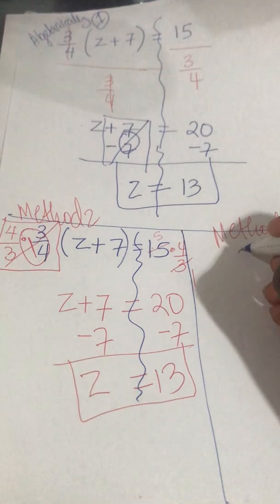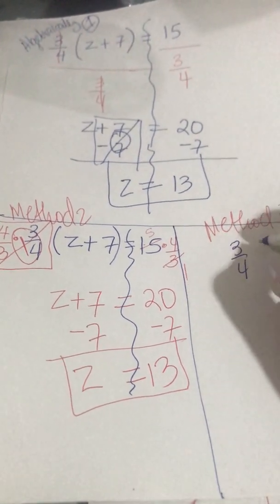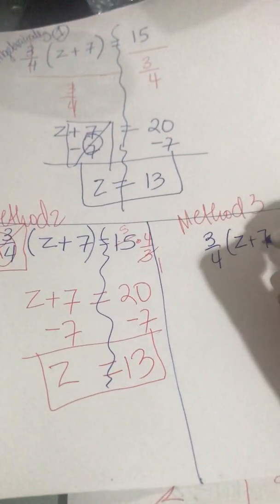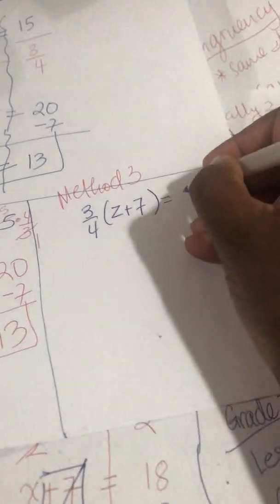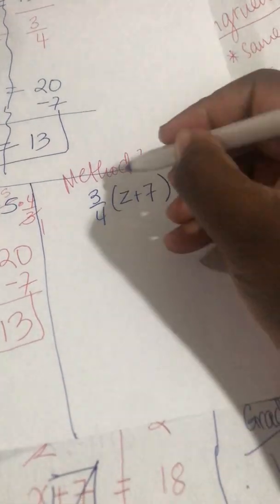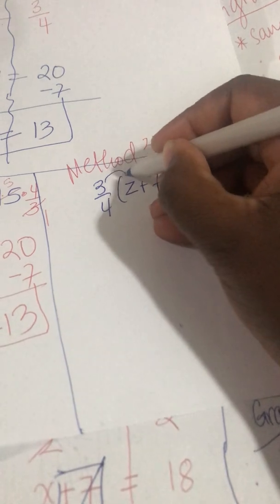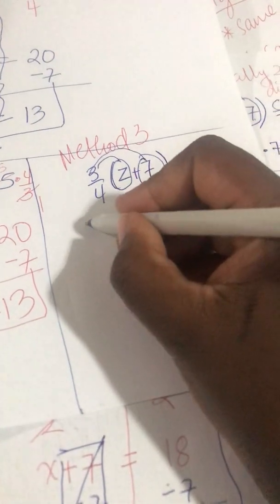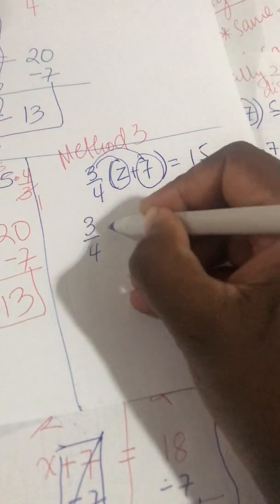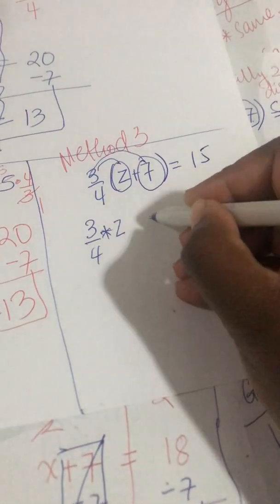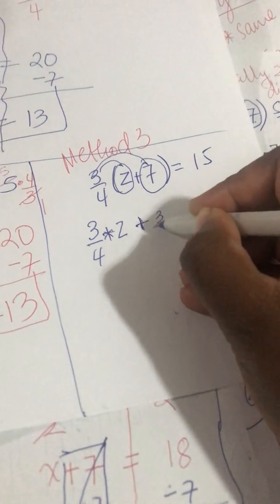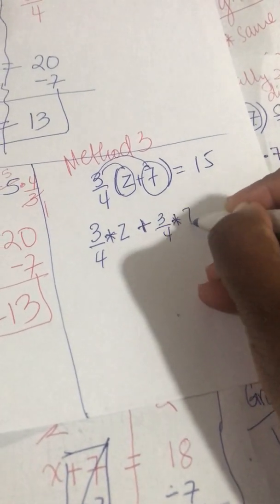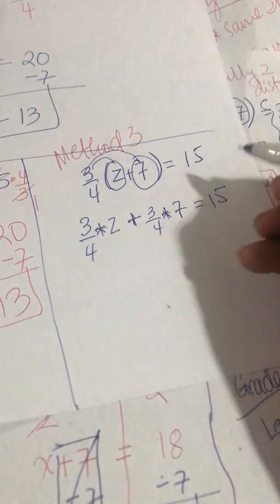So the question is 3/4 z plus 7 equals 15. I will multiply 3/4 with z and 3/4 with 7. So 3/4 times z plus 3/4 times 7 equals 15.